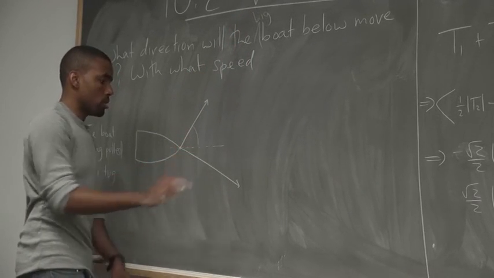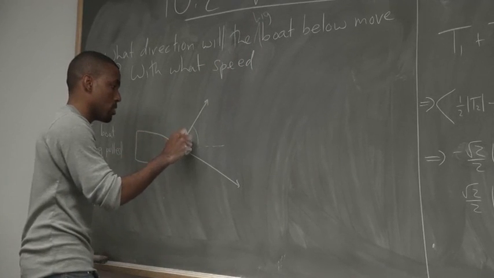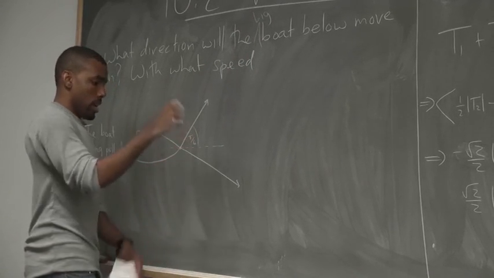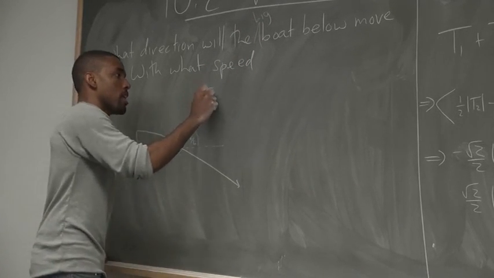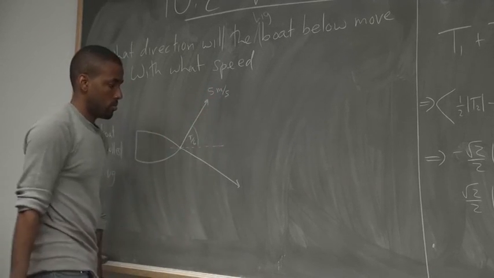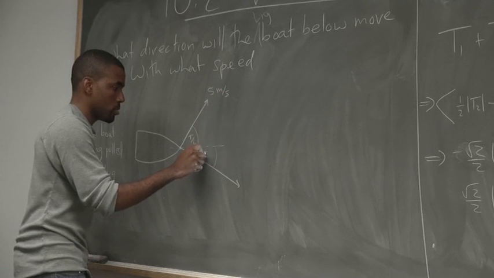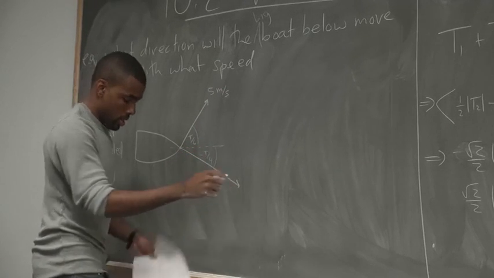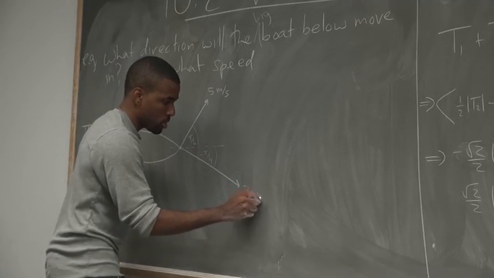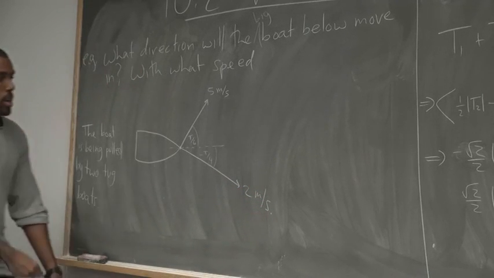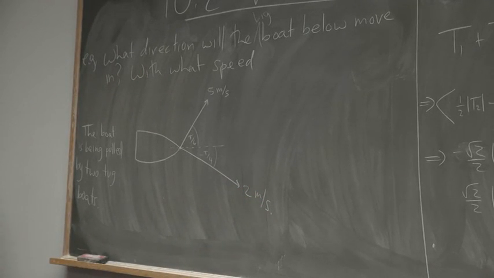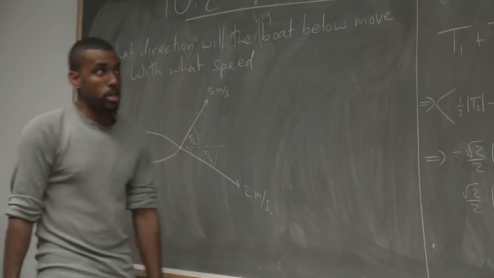So let's say one tugboat is tugging at an angle of pi over 6, and it's moving at a speed of 5 meters per second. The other tugboat is tugging at an angle of minus pi over 4, and its speed is 2 meters per second. I want to know what direction the boat will move in, and with what speed.